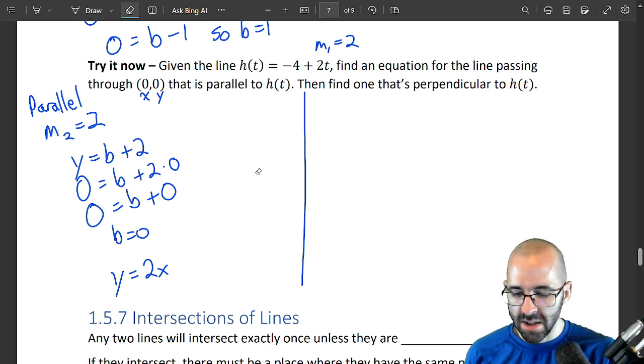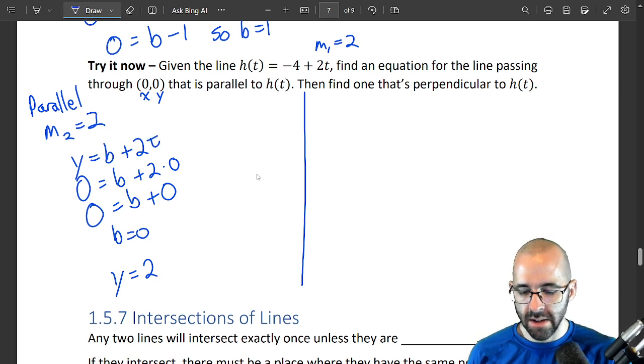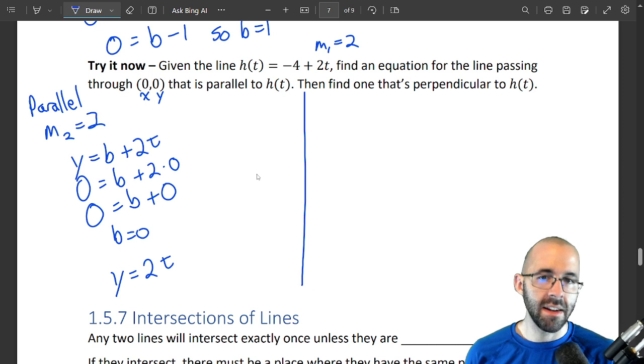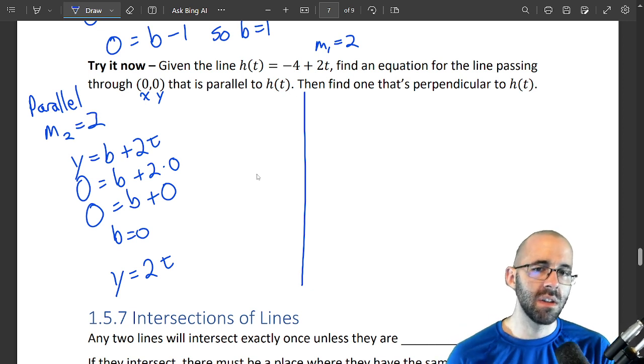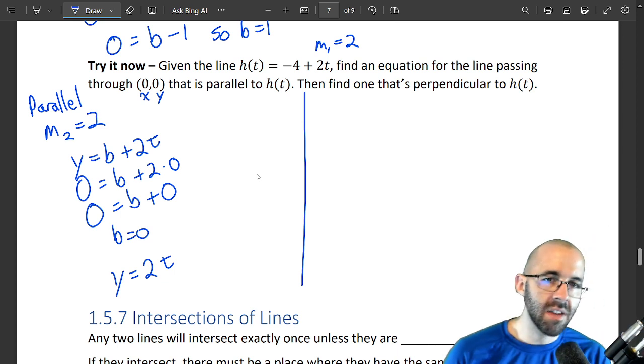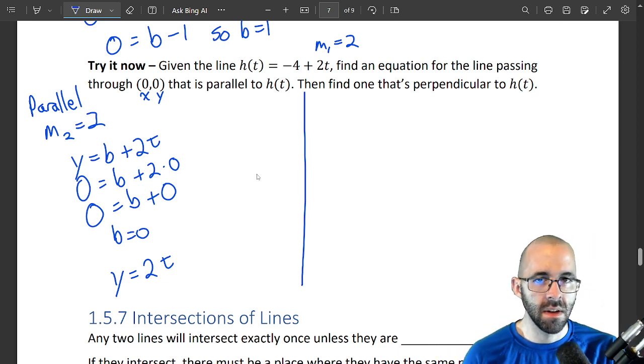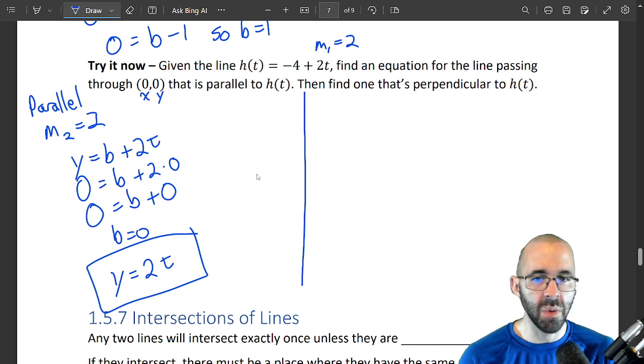So I should really be consistent over here and use a t here and a t here. We can still have y be our output if we want, but t is our input. They don't specify what letter they want as our output. They just say we're going to call it a function, h of t. But this is a different function, so this is a good way to write your answer.